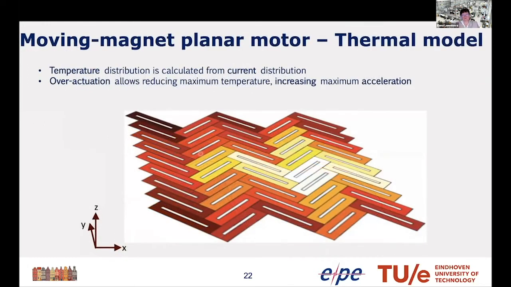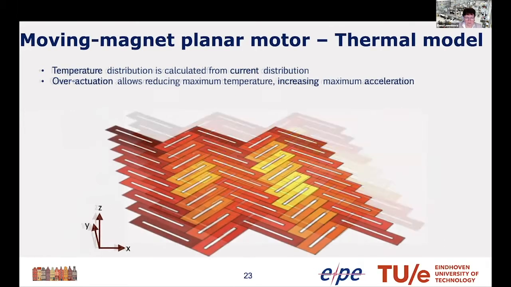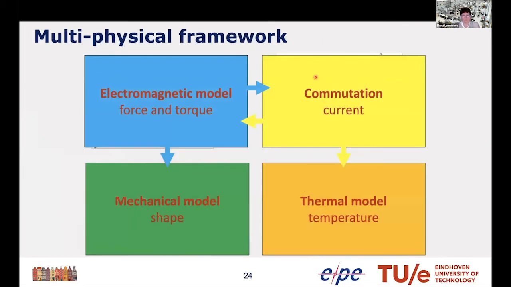So it is motivating us to come to an additional thermal model which should be coupled with the mechanical and electromagnetic models. So altogether, temperature distribution is calculated from the current distribution, and overactuation additionally allows reducing the maximum temperature and increasing maximum acceleration. So the complexity of the system comes to the complexity of the model, but if we are modeling very elegantly the permanent magnets and coils in a very simplified way, this complexity could be easily compensated by means of simplification of the original electromagnetic model.